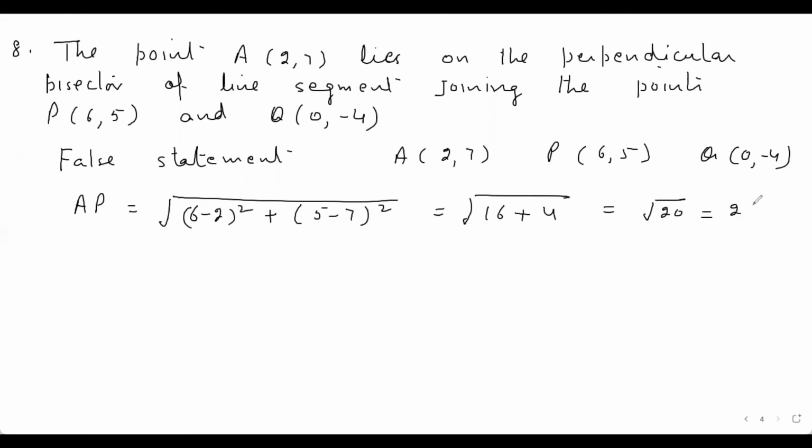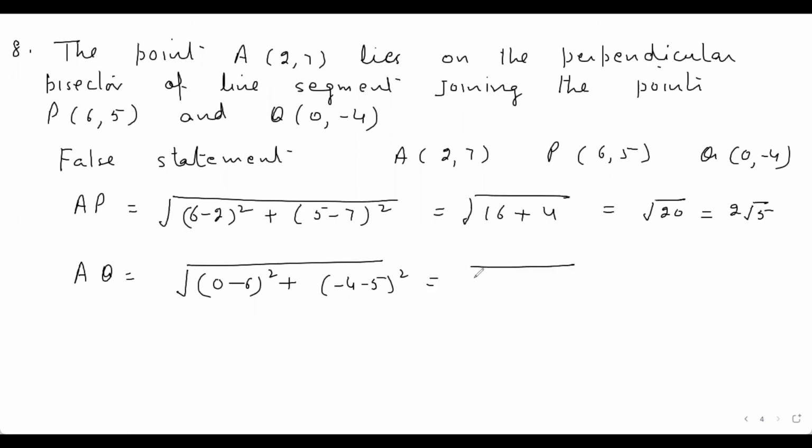That is equal to 2 root 5. Now AQ is equal to root of (0 minus 6) whole square plus (-4 minus 7) whole square. That is equal to root of 36 plus 81. That is equal to root 117. That is 3 root 13.